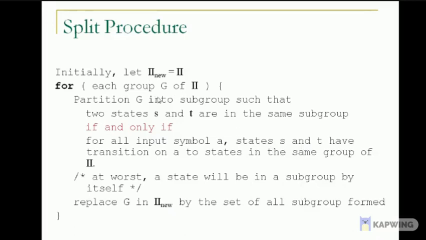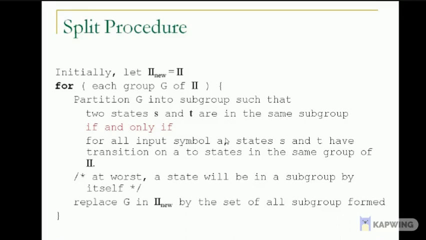For each group, we have to partition into subgroups such that 2 states are in the same group if and only if they all have the same transition, or if they all are moving to the same destination states on the input symbol A. For example, if you take 2 states and you are reaching the same destination states on reading A, then you can say these 2 can be placed in a single group.